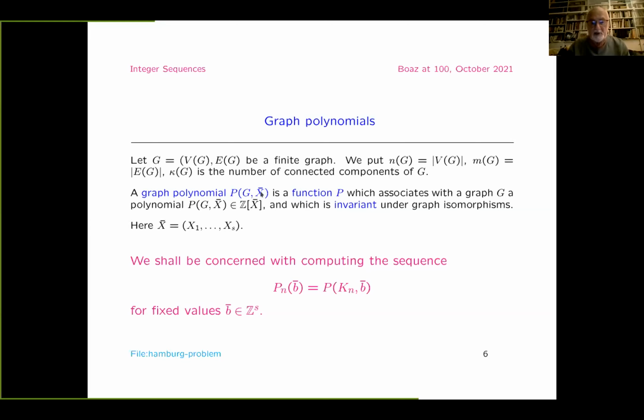And a graph polynomial P(G, x̄), with a vector of parameters, is a function which associates with the graph G a polynomial in those variables, which is invariant under graph isomorphism. And we shall be concerned in this talk with computing the graph polynomial for a clique of size n for certain values of those parameters.